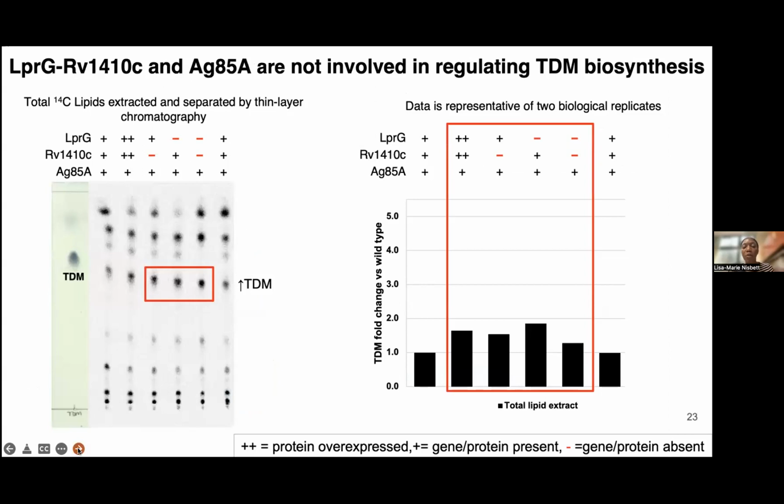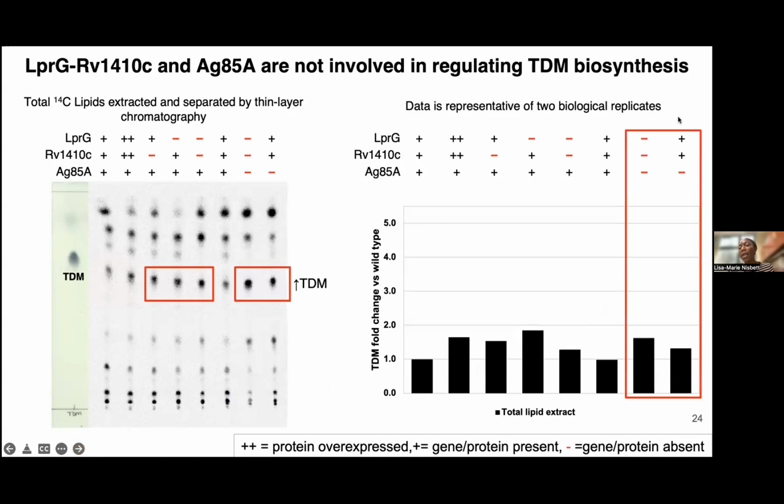But upon quantifying the trehalose dimycolate lipid spot, I observed that when both LPRG and RV1410C were overexpressed, or when RV1410C only was absent, or LPRG only was absent, or when both LPRG and RV1410C were absent, the levels of trehalose dimycolate in the total lipid extracts were comparable to that of the wild type and complement strains.